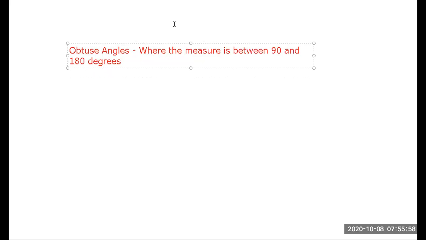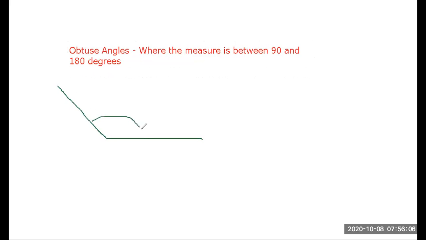All right, for example, if I have an angle that is 120 degrees, it's between 90 and 180. So yes, that one is obtuse. It's an obtuse angle.